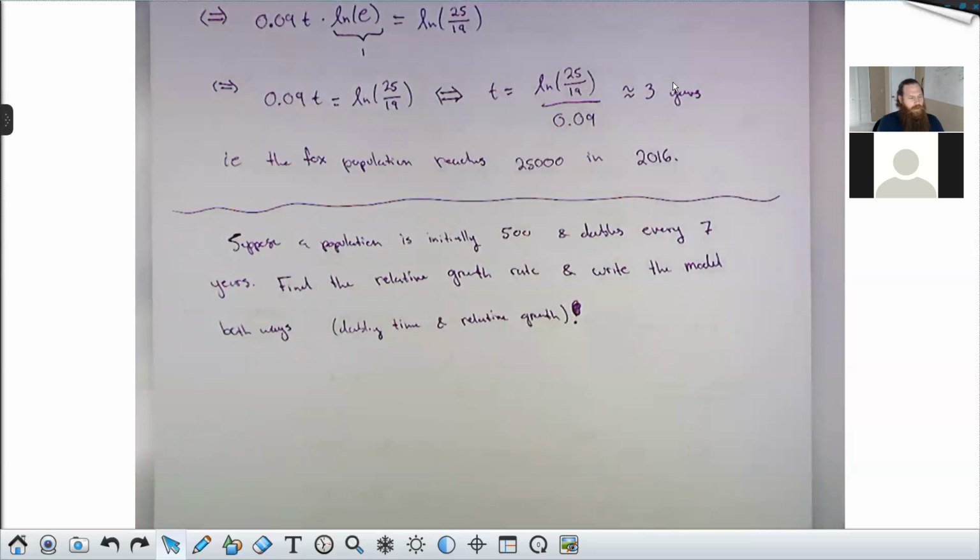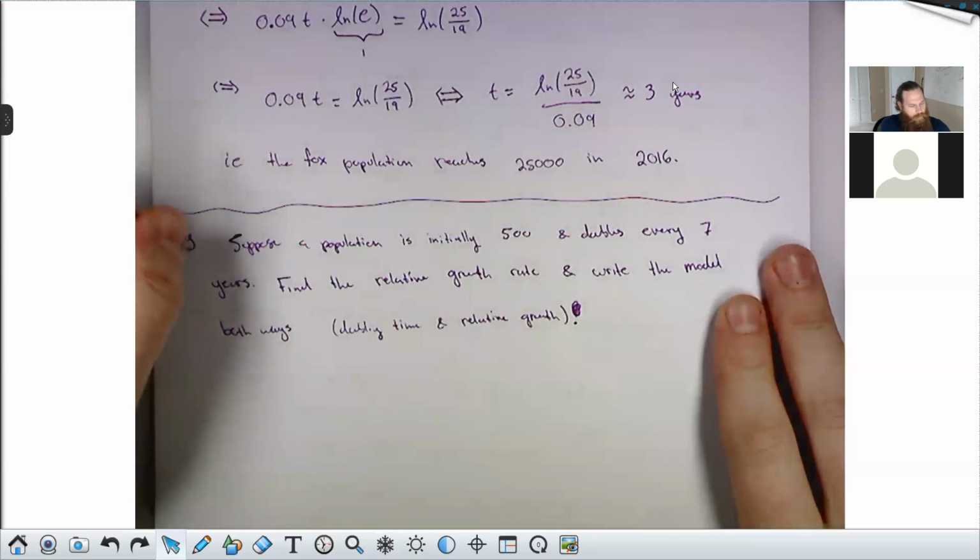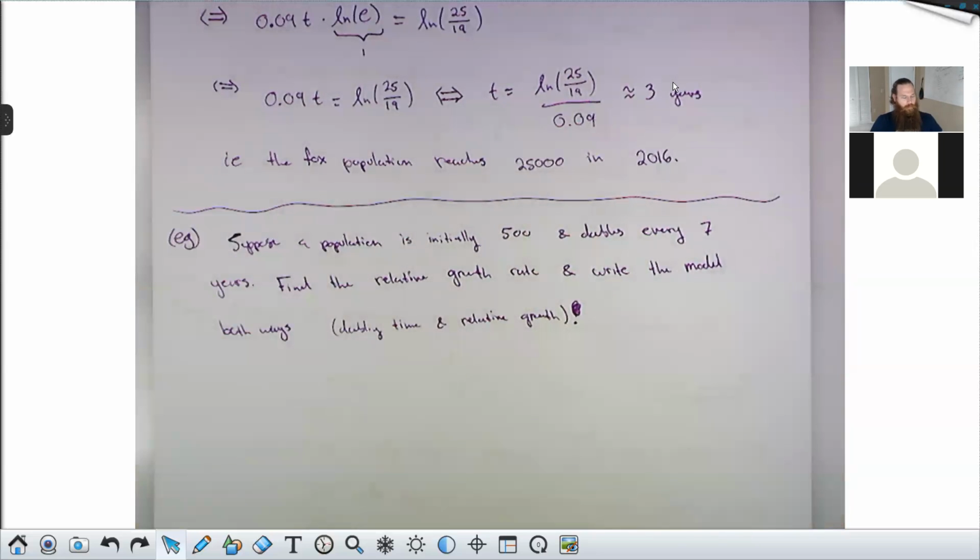Where could I begin here? Which model is easier to write down given the information they provided? Yeah, the doubling time one. They gave me the initial population and they gave me the doubling time.